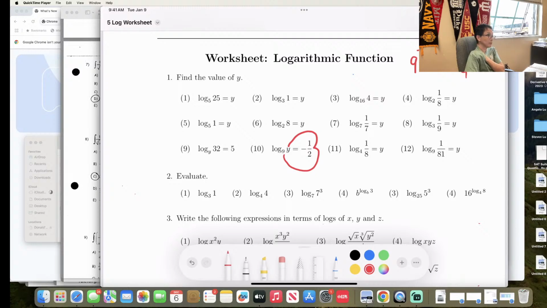Remember when you're raising a number to a fractional power?